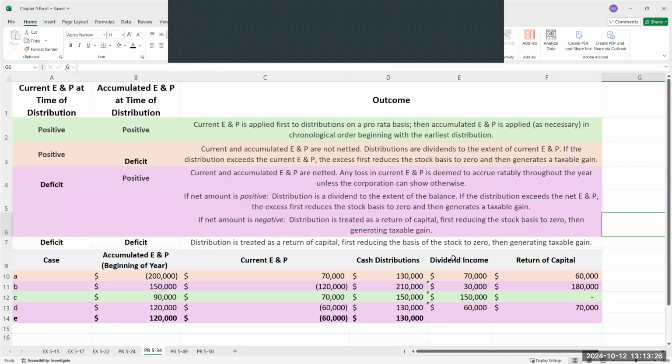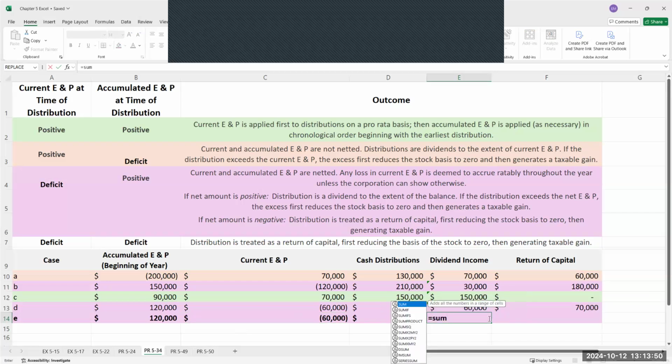So on June 30th, the earnings and profits would be $90,000. You might say, well, what? How do we determine that? So if the current E&P is a deficit of 60,000 for the entire year, then we would ultimately determine that the sum would be as follows.